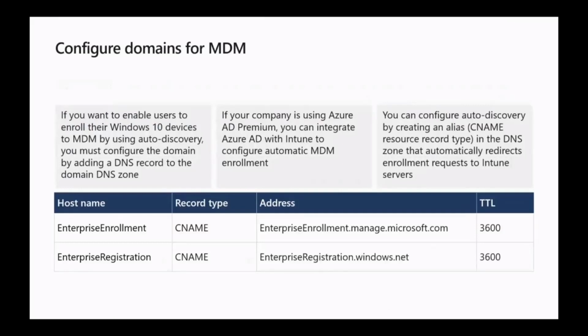Then you can point those records to these addresses: enterpriseenrollment.manage.microsoft.com and enterpriseregistration.windows.net, depending again on which one you want to configure. In most cases, of course, you will use both. The default time to live is going to be 3,600 seconds.